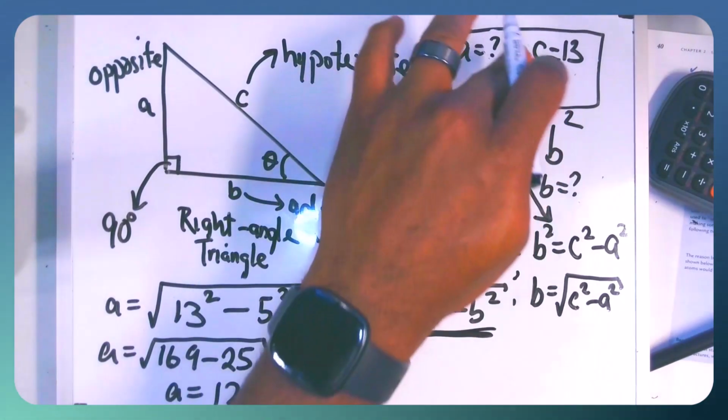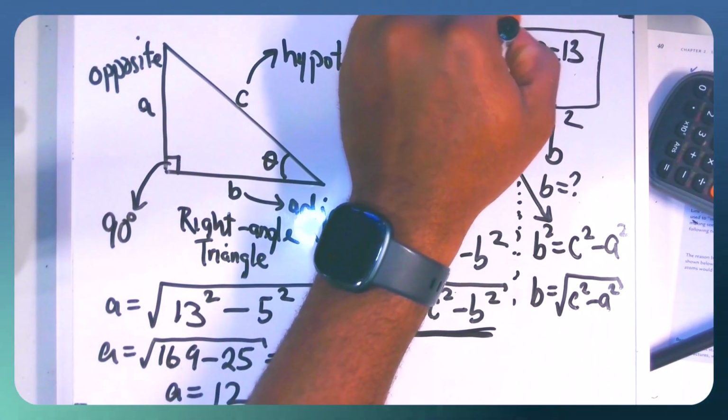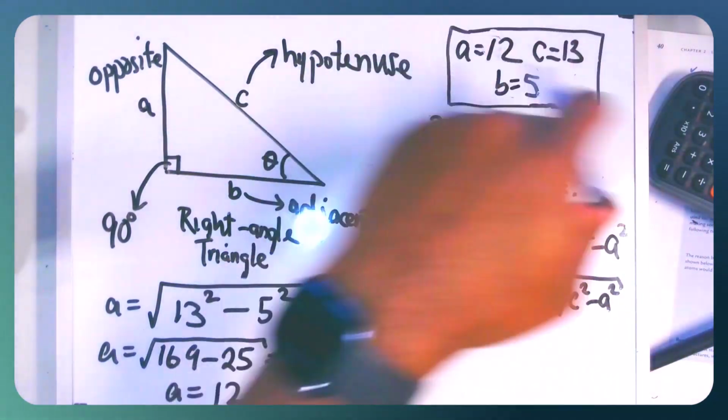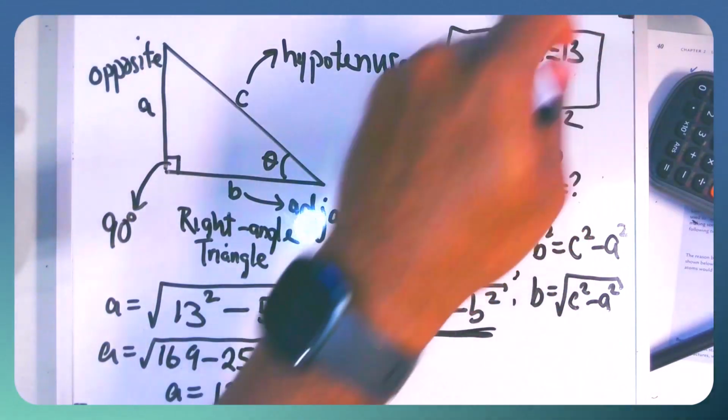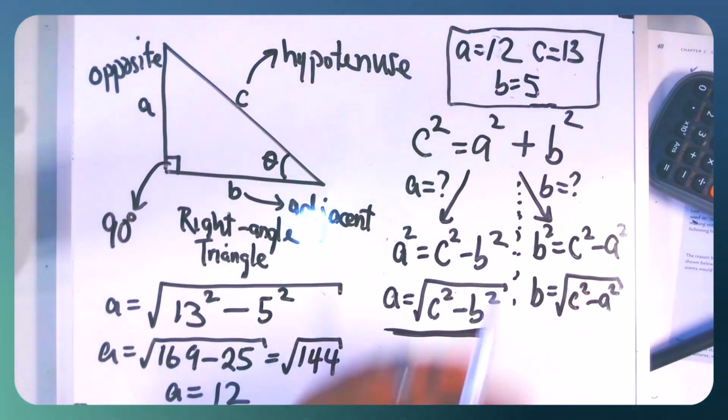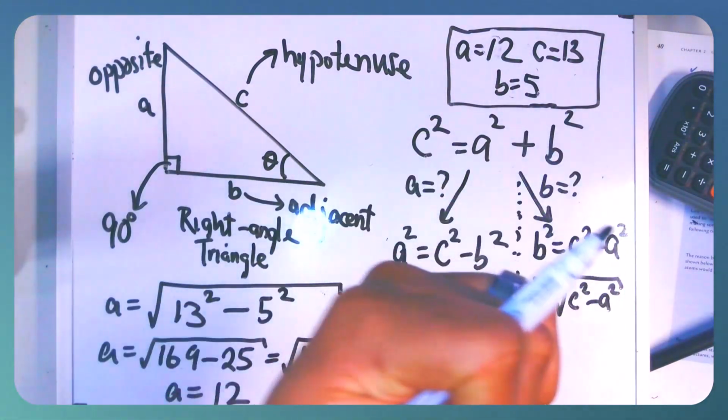So A is equal to 12, and this is one of the special right angle triangles that we know, alongside the one that we did in our previous video.